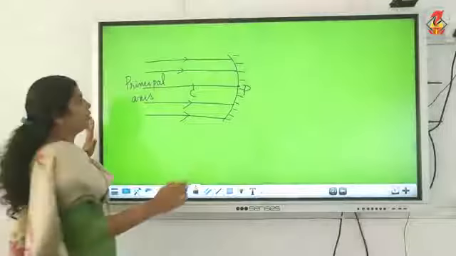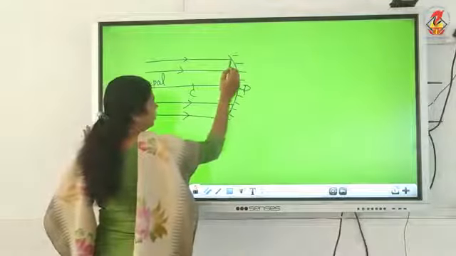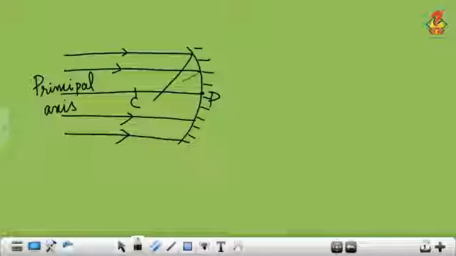So, the reflected rays will meet at a point on the principal axis, and this point is known as the principal focus.